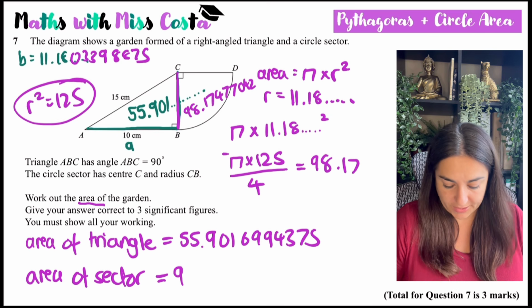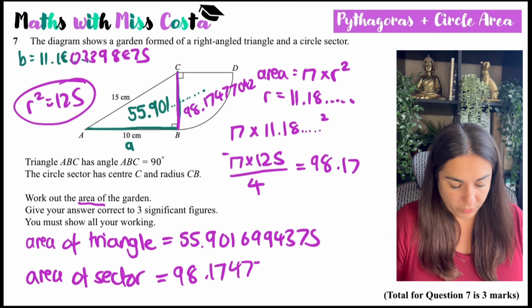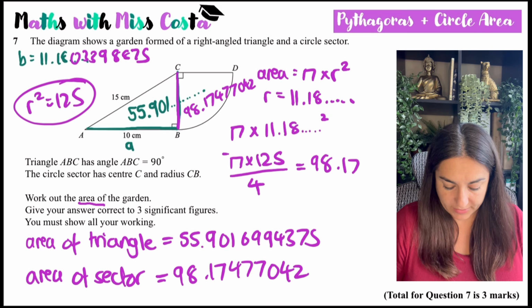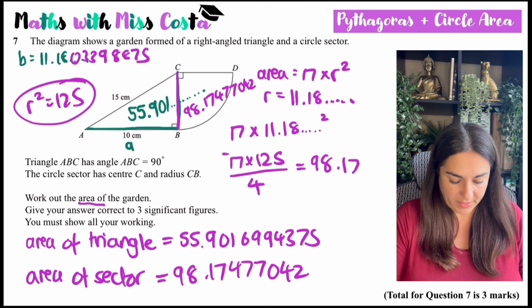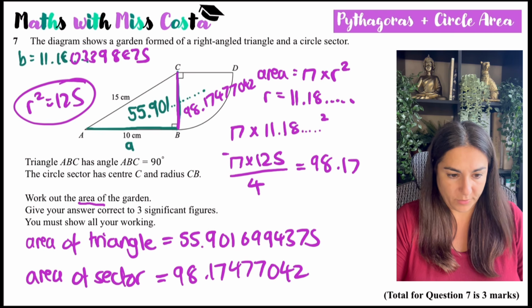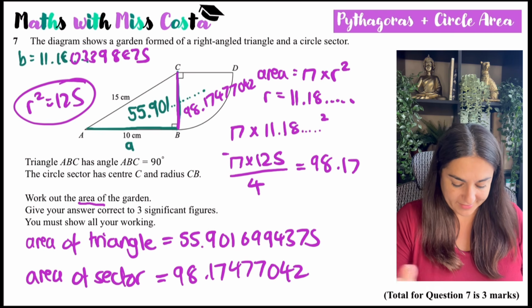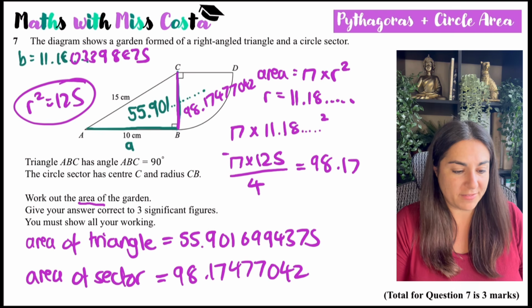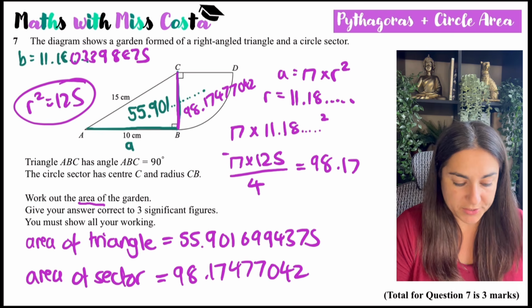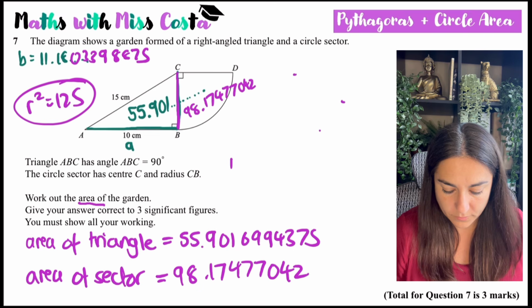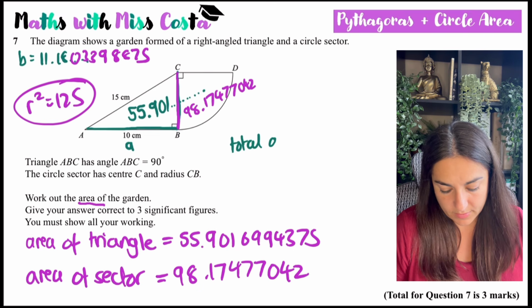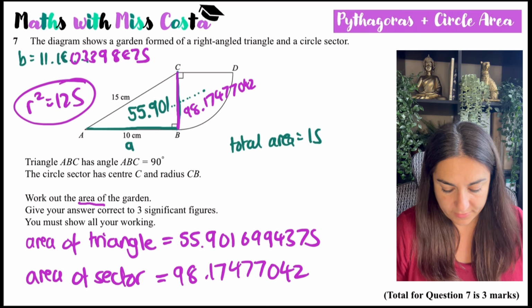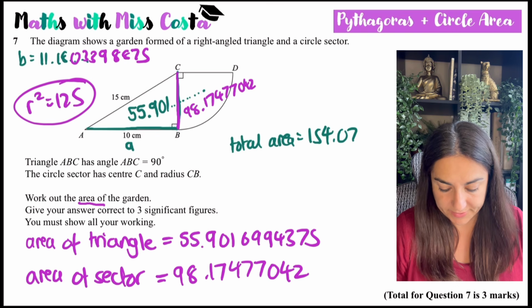So this is 98.174777042. So you've got your area of your sector and your area of your triangle, and you're going to add them together. So that's going to be plus 55.9016994375, which is going to give you a total area of 154.0764699.